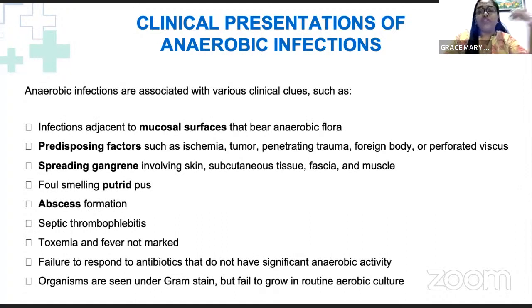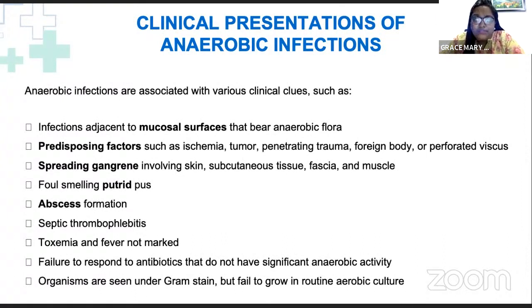Therefore, you have to cover your infections accordingly. Okay, and in any case, whenever you have a GI perforation, you are always at risk of an anaerobic infection. Like I had said, rapidly spreading gangrene is one of the common things that you have to have in your differential diagnosis to include an anaerobic picture.